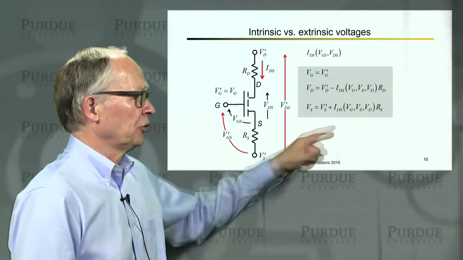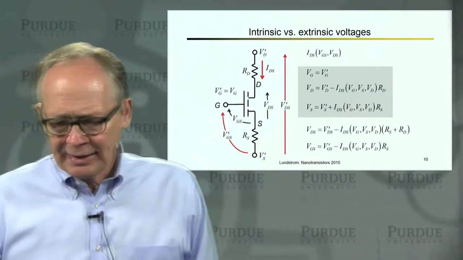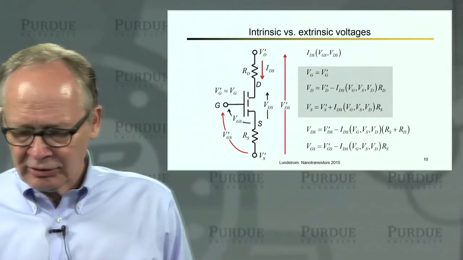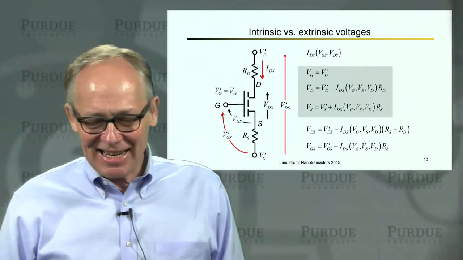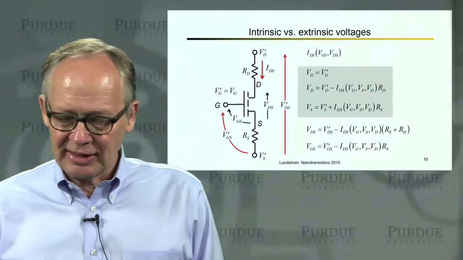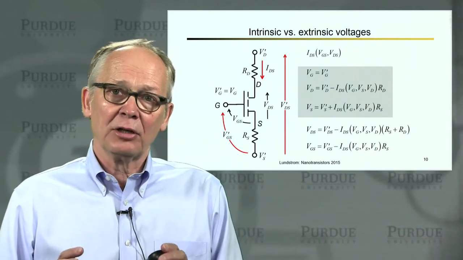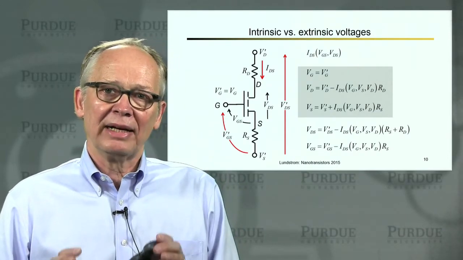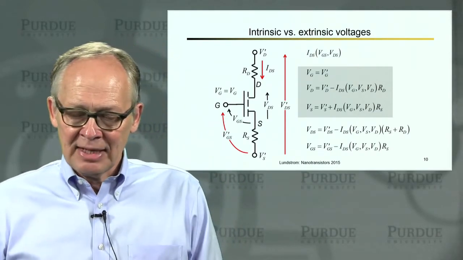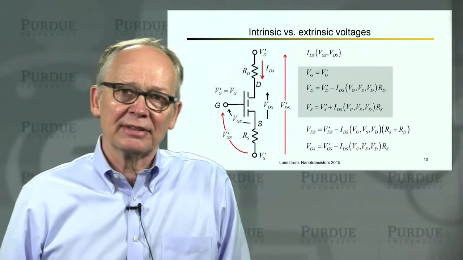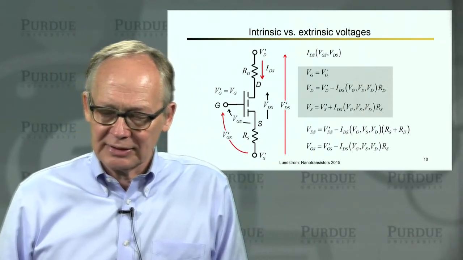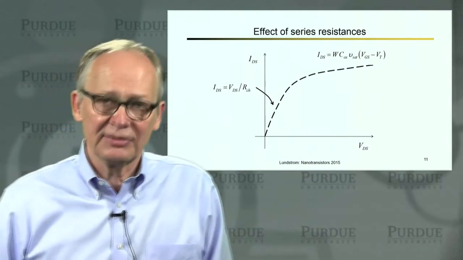Same thing for the source. So we can account for the effect of these series resistances by taking the model we developed and assuming that that model applies to the intrinsic device, and then making these corrections after the fact for the external series resistances. So it's something that's relatively easy to do.